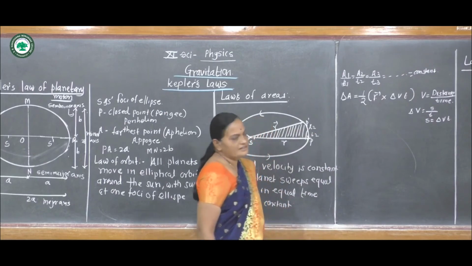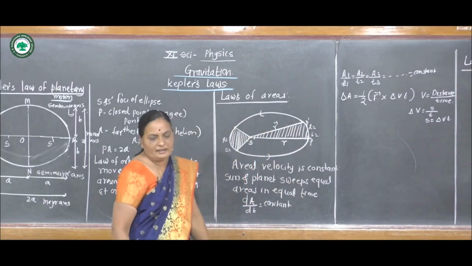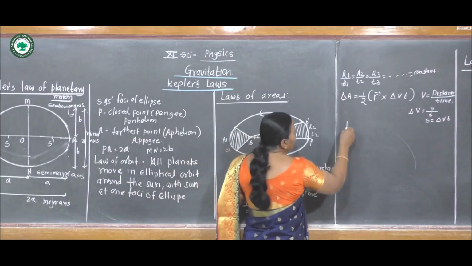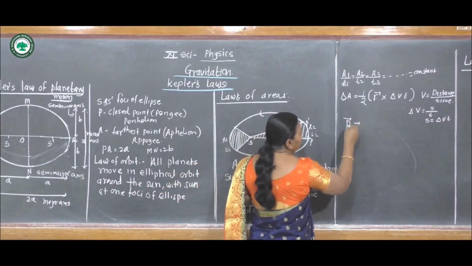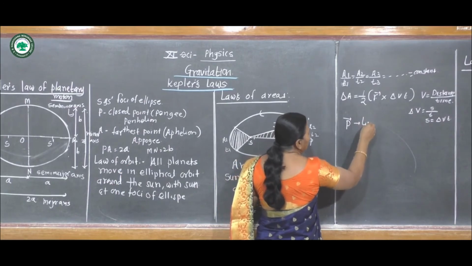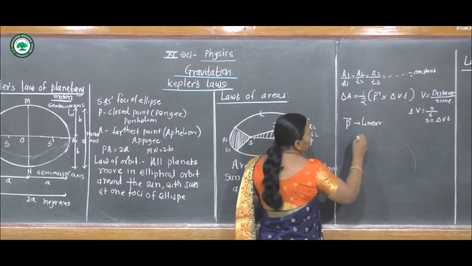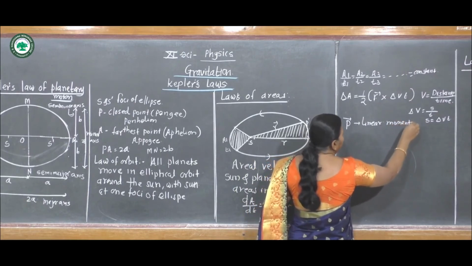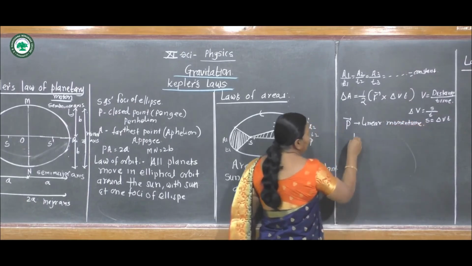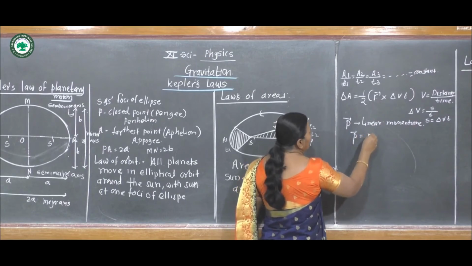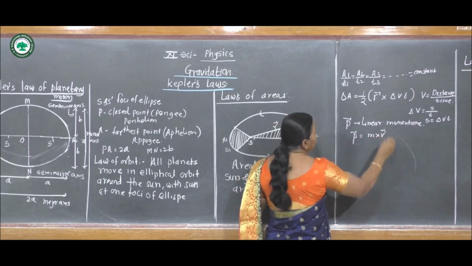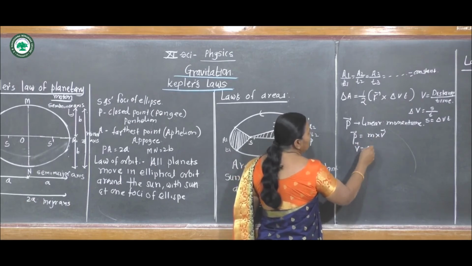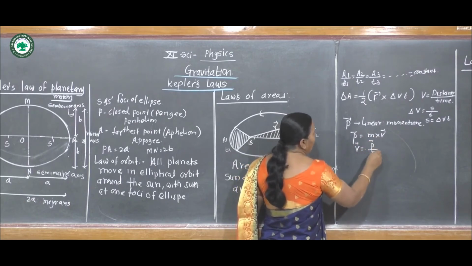Now we rearrange the equation. Suppose we have linear momentum. Let P be linear momentum. We know linear momentum is the product of mass and velocity. Then we substitute V is equal to P upon m.